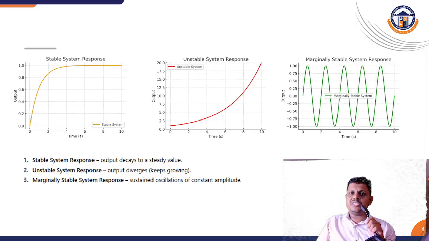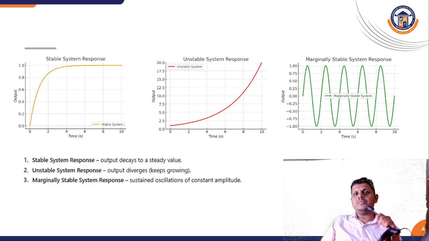And in the marginally stable system, sustained oscillations of constant amplitude are given. So the unstable system diverges, the stable system decays, and the marginally stable system oscillates.